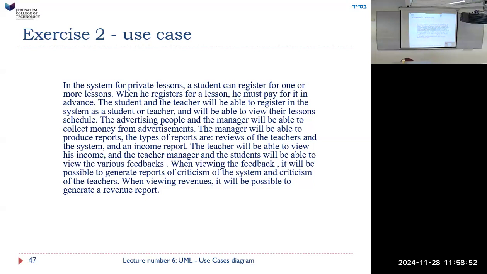Maybe it means, I don't know, when you're in the advertising, you can click on it and then you can register to pay that. The manager will be able to produce reports. The types of reports are review of the teachers and the system, and an income report. The teachers will be able to view their income. The teacher, manager and the students will be able to view the various feedbacks. When viewing the feedback, it will be possible to generate reports of criticism of the system and criticism of the teachers. When viewing revenues, it will be possible to generate a revenue report.